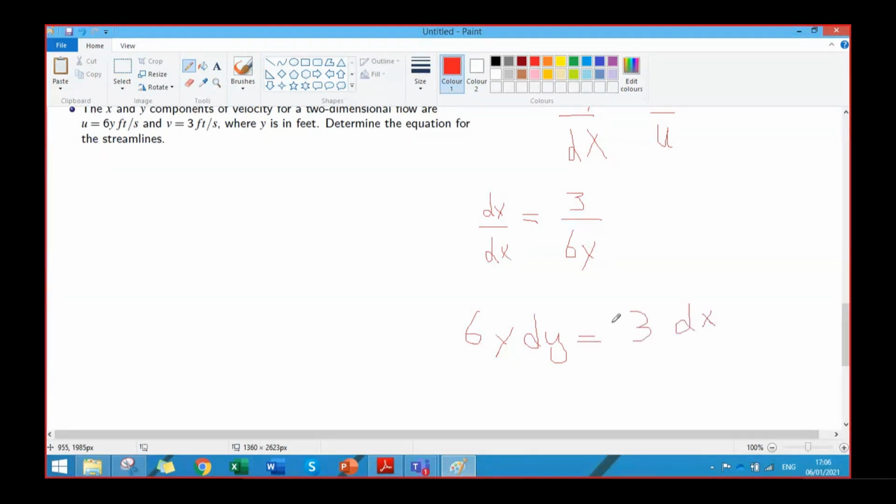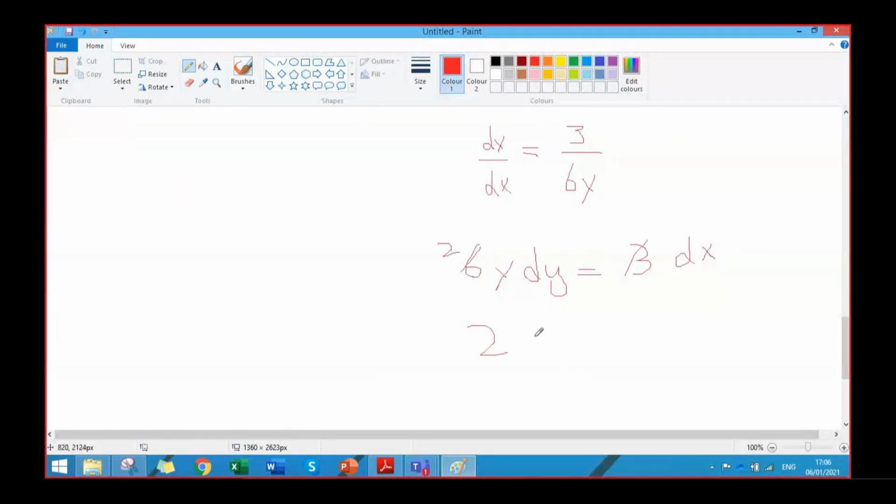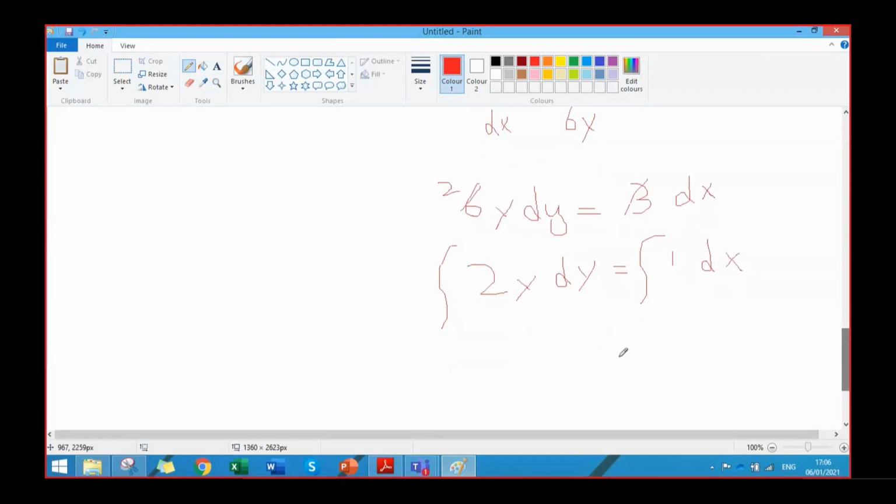Or you can further simplify, like 3 1s are 1 and 3 2s are 6 here. So we'll have 2y dy equal to 1 times dx. We will integrate both sides. So we'll have y square by 2 multiplied by this 2 equals x plus constant of integration.